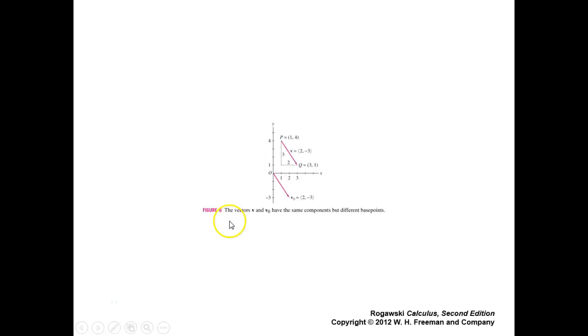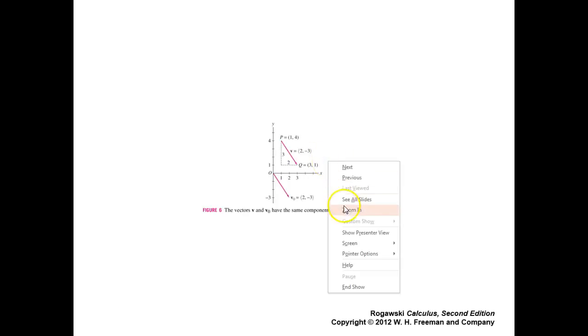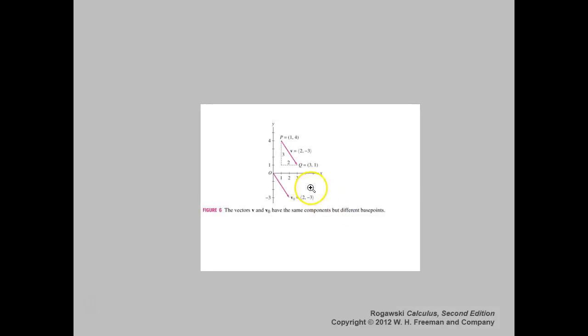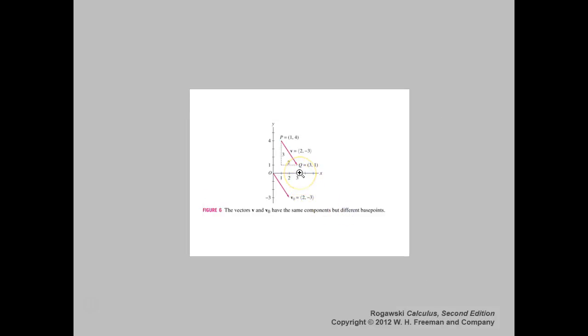Now, why has my screen just disappeared? Let me try another function, F10, and see if that will help. Yeah, okay, now we got them both back. I don't know what happened there. Now, example 2, page 627. Pretty straightforward.